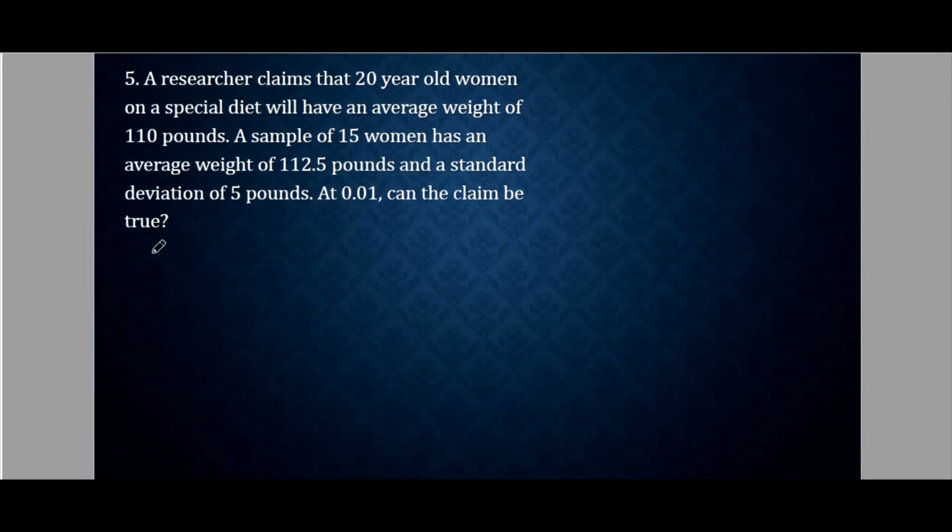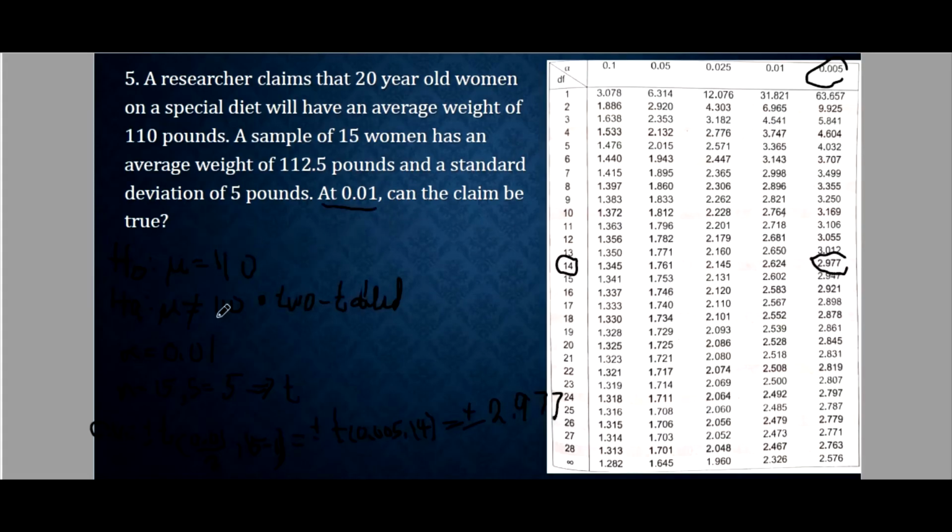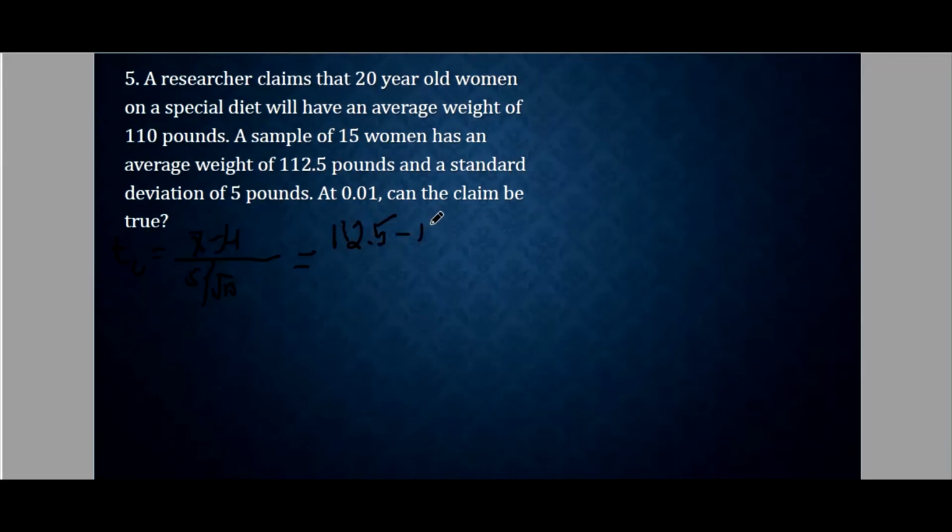Next is to compute for the t computed. So we have x bar minus the mean divided by s divided by square root of n. So x bar, the sample mean, is 112.5, minus the mean here, 110. So always look at the hypothesis for your population mean.